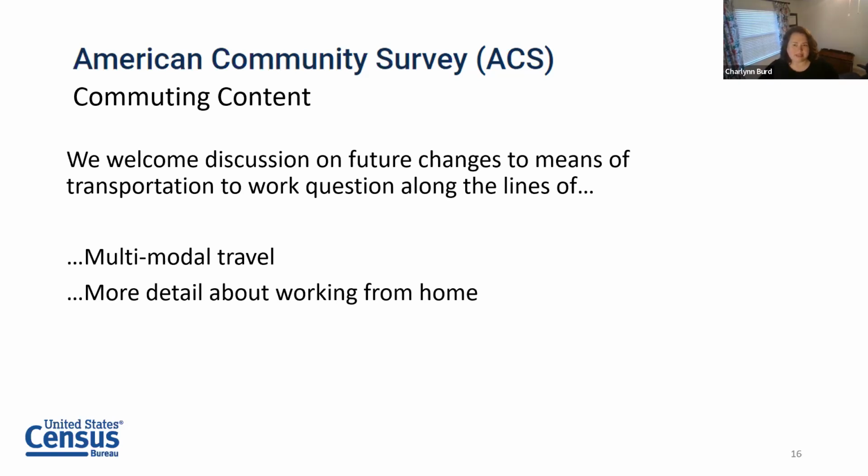So the ACS, when you compare it to other transportation surveys, has a really narrow focus, and it's limited in scope just by necessity and design. So we understand that our current means of transportation question has limitations, and we want to get additional feedback on how it could be improved.